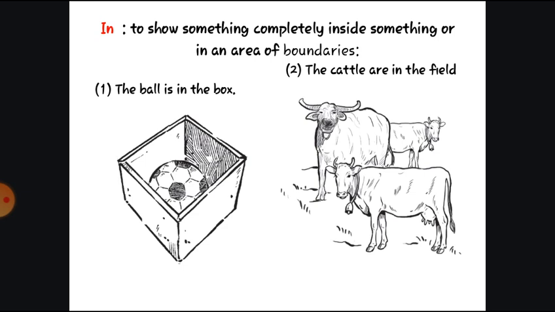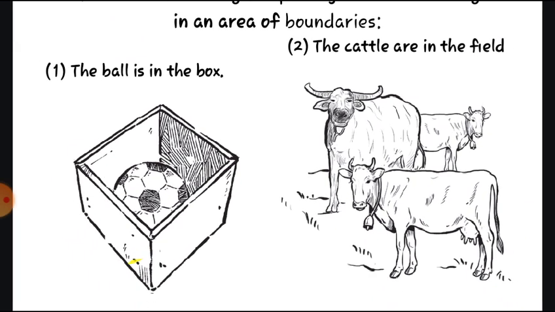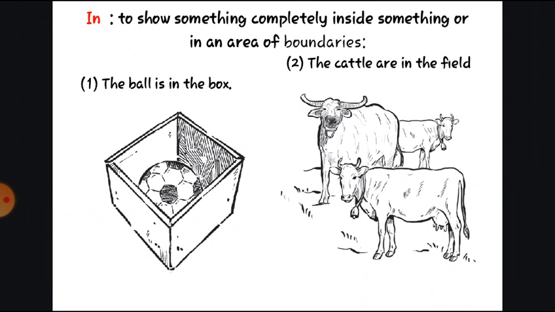One is the picture of a box in which one ball is kept, and in another picture you can see some cows. So talking about the first picture, you can say the ball is in the box. The ball is in the box.